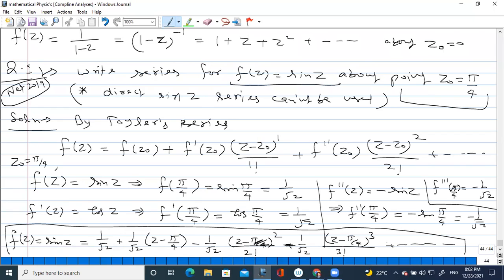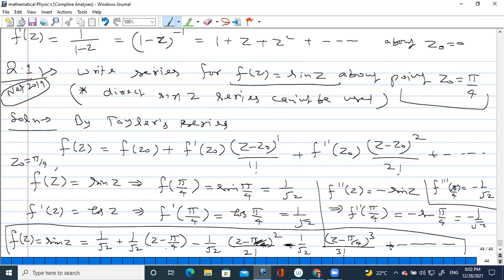When cos z is converting to sin z, after every two the sign will change. So the next step will be plus. Understood? Because sin z to cos z and cos z to sin z, for two differentiations the sign will be same only.